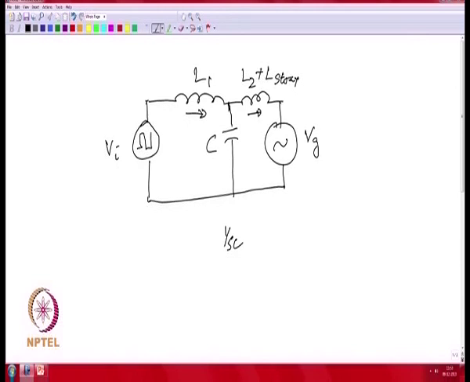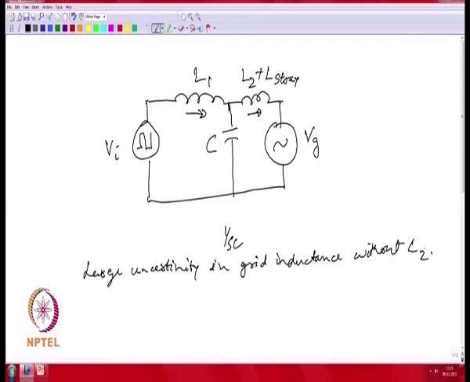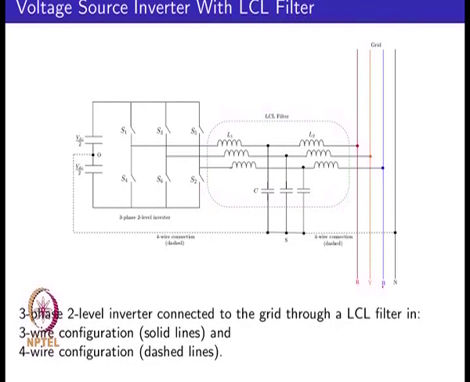So, you can see that there would be a large uncertainty without L2, and the implication of this is that you would have large variations in the resonant frequency.